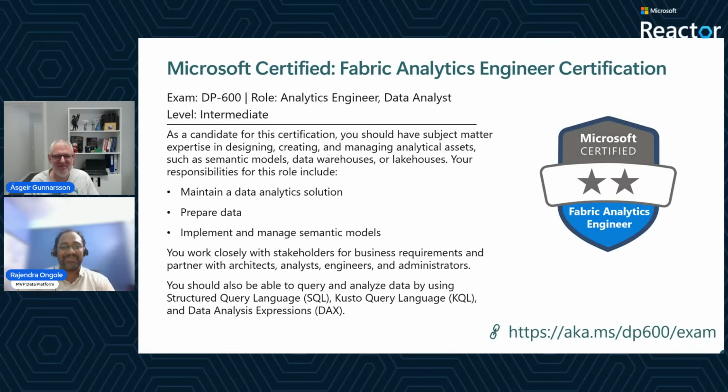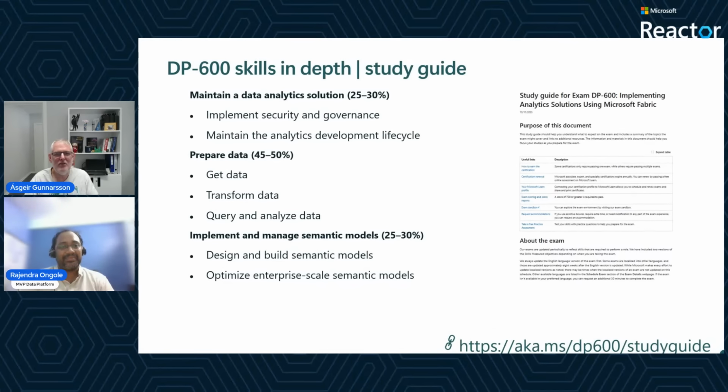Yeah, definitely. And so these three sections that we are going to talk about today also have subsections, and they are not weighted the same. The maintain and governance section and the semantic models section weigh 25 to 30% each. And then we have the data preparation, which is 45 to 50%. That also covers most of the tooling, so there are going to be more and more tools within that section.